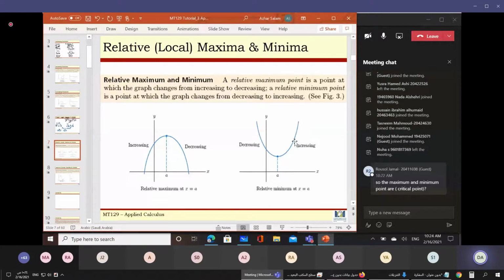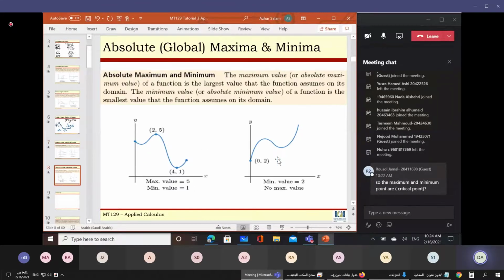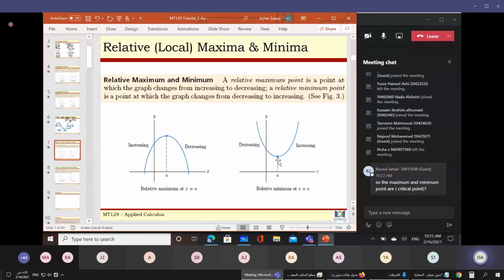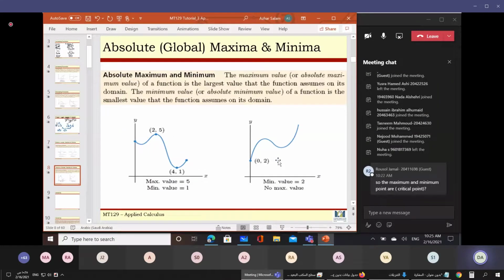So here A is a minimum value. We said that this definition is for local. It could be only in a small interval, but the function could have more than one maximum and more than one minimum.